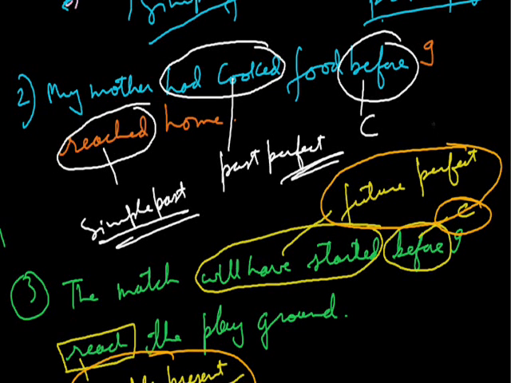And similarly, it can be present perfect, past perfect, and future perfect tense. If we are taking simple present tense, with that we will use future perfect tense. Past always takes past, that's why with past perfect we will take simple past. And if we are taking future perfect tense, then we will take simple present. I hope I am clear to all.